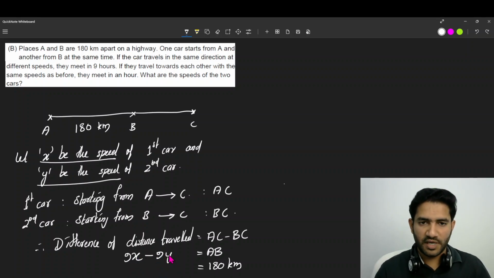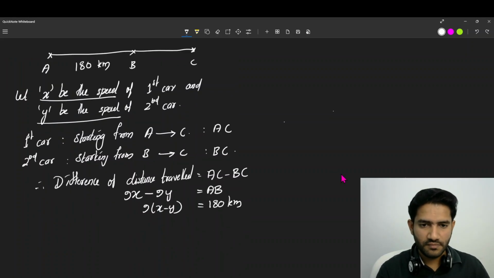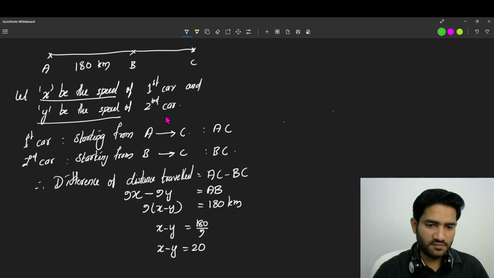So 9x minus 9y is AB. So we can take 9 outside, so it will be x minus y. So x minus y is equal to 180 by 9. So x minus y equal to 20. So this is our first equation, first linear equation.